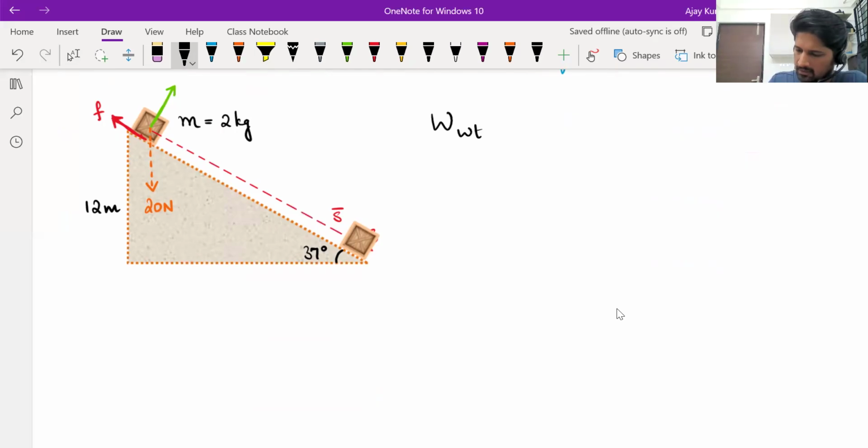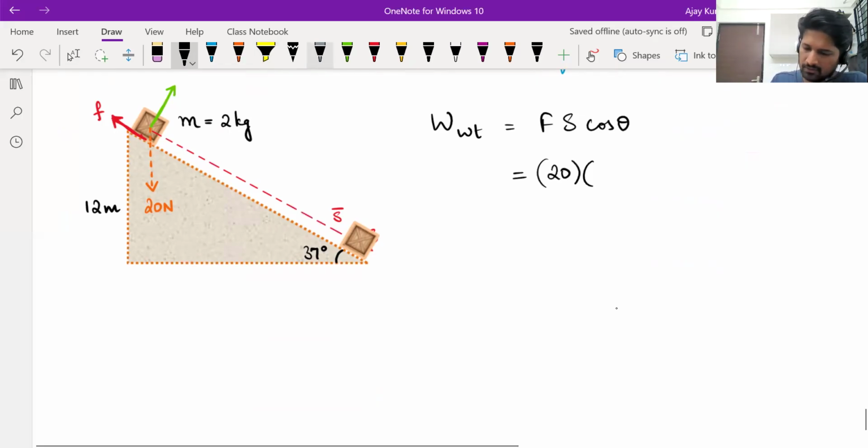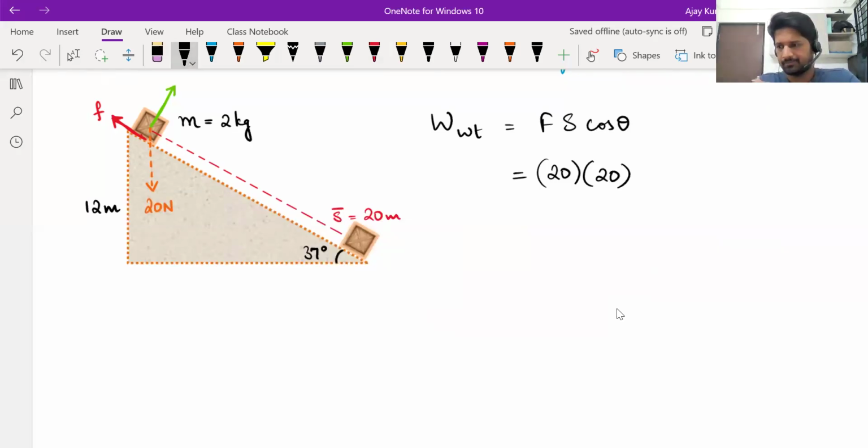Work done by weight. It's a constant force, as you all know. So the formula is Fs cos theta. How much is the weight of the block? 20 Newton. How much is the displacement the block undergoes? We found out it is 20 meters. We used trigonometry and calculated it as 20 meters. Okay. Now, Rishi, tell me, what is the angle between the actual weight of the block and this displacement?